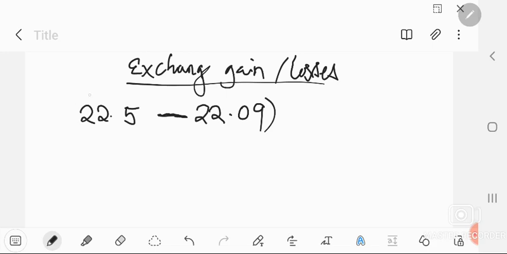So what is the exchange change here, gain or loss? Multiply this by your total dollar amount, because you're looking at the dollar that you're trying to swap. As of this first month of March, you will find that your exchange difference will be 82 kwacha.